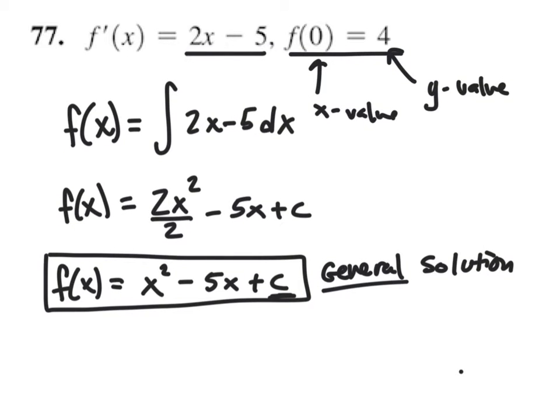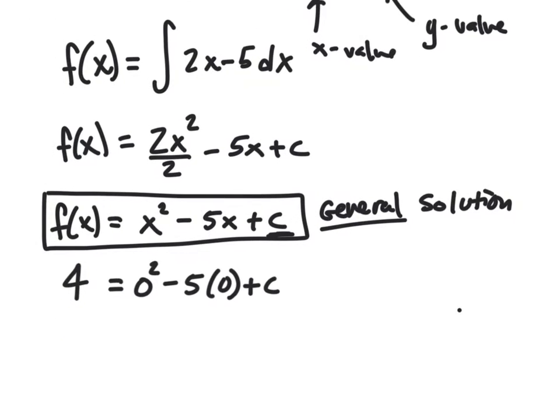If I plug in 0 into my antiderivative, that's my x value, then as a result, I'm going to get 4. And this allows me to solve for c. 0 squared is 0, minus 5 times 0, all of this is 0, so you just get c is equal to 4.